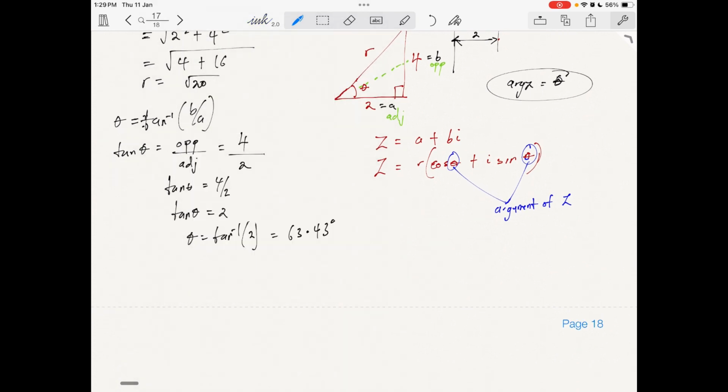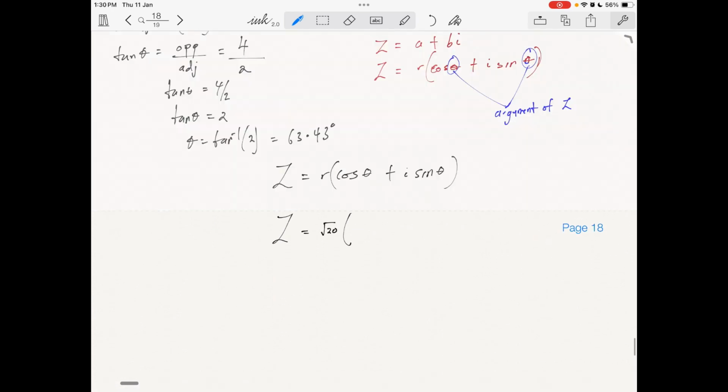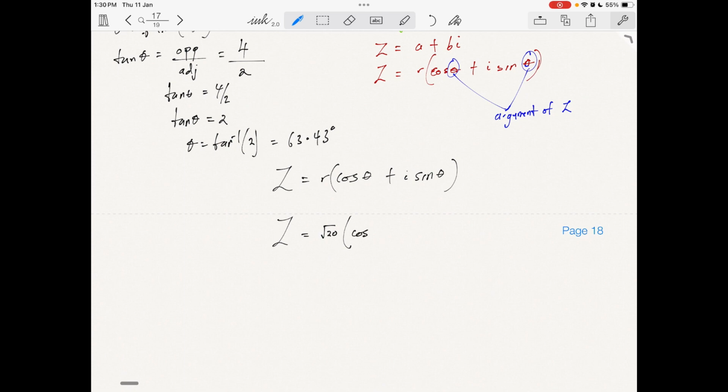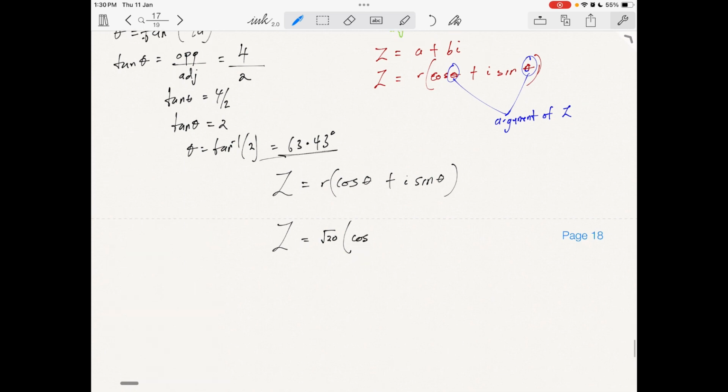So z is equal to r cos theta plus i sin theta. So z is equal to, r is root 20, and cos theta, the argument that we are actually using, is 63.43 degrees, plus i sin of the theta again, 63.43 degrees.